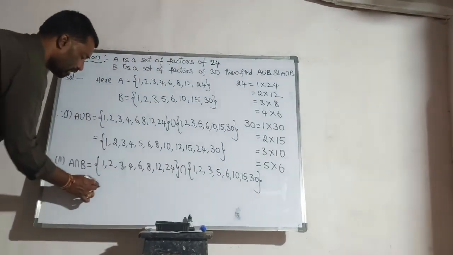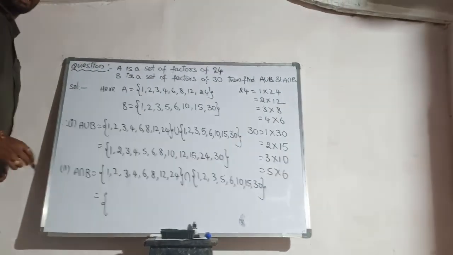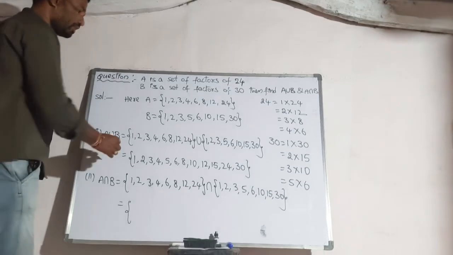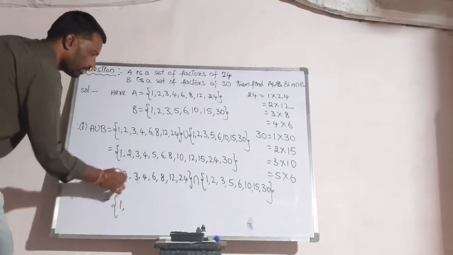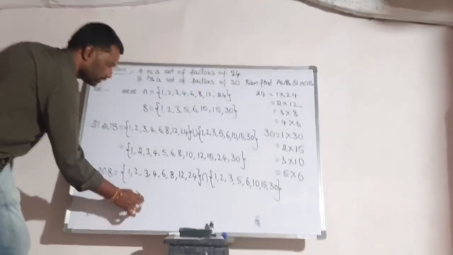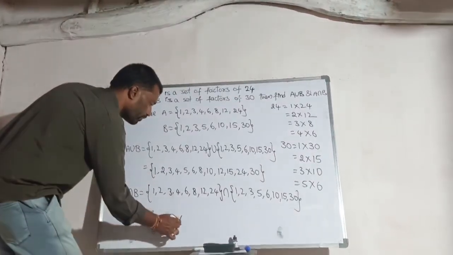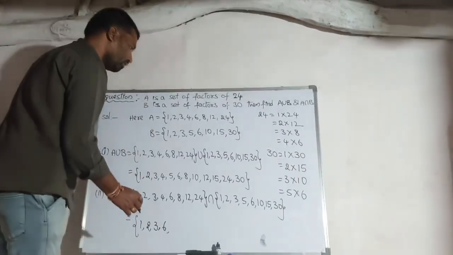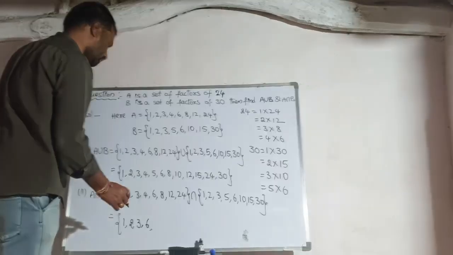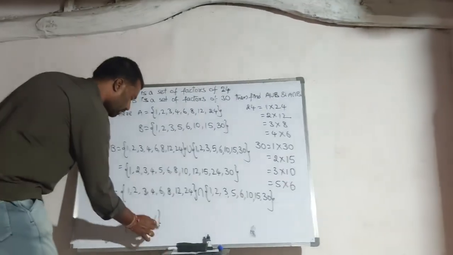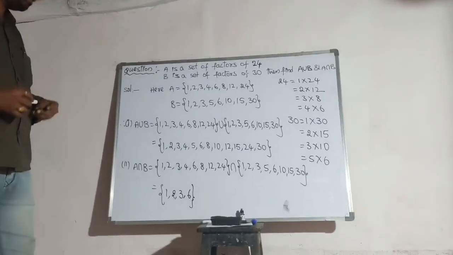Intersection means common elements, the same elements in both the sets A and B. 1, 2, 3 are common elements. Next 6. So A intersection B is equal to 1, 2, 3, 6.